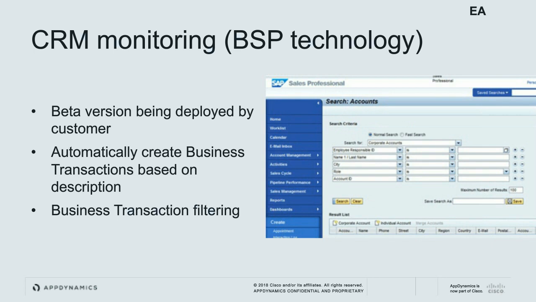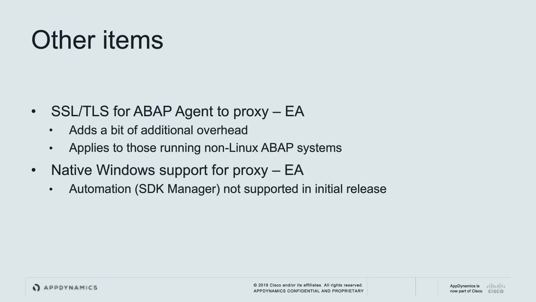And then we actually added some additional levels of security into the product. So we now support SSL all the way from end to end, and not just from the system to the AppDynamics controller. And we have also started supporting Windows on top of Linux for native deployment.